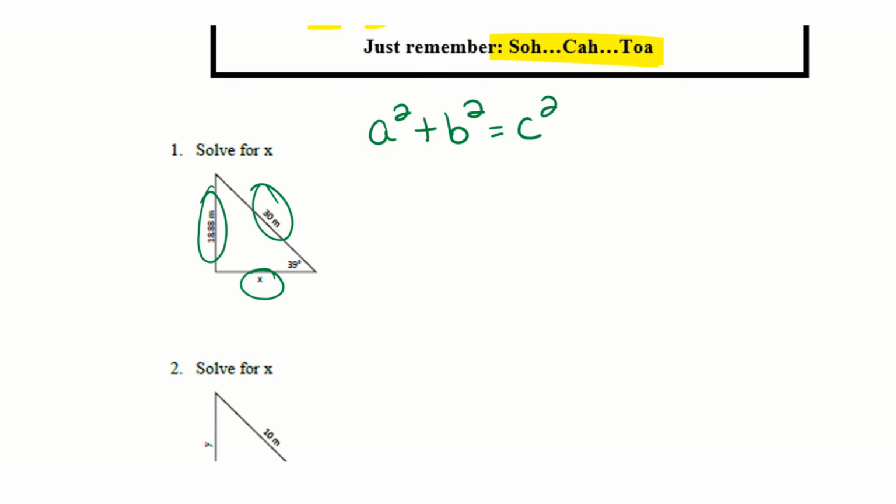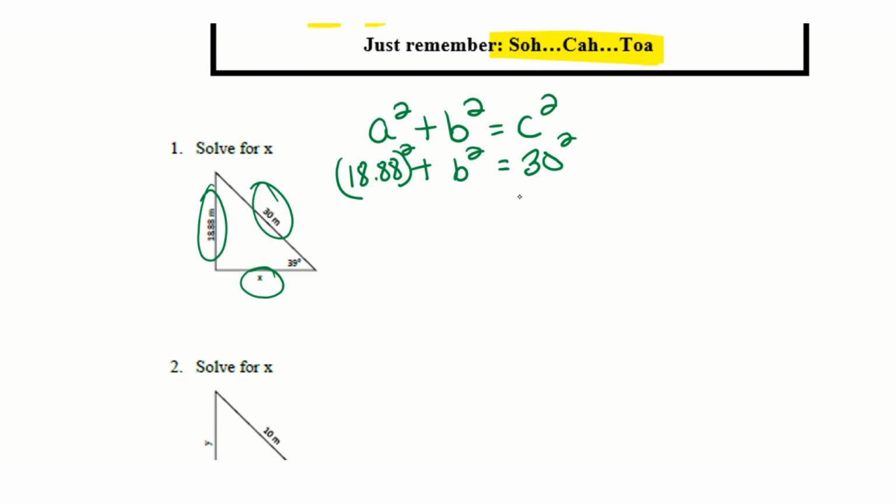So for instance, let's say that I have c, which is 30 squared, equals b squared, I don't know it, plus a squared, which is 18.88, and that's squared. 30 squared would be 900, and I just bring everything else down.